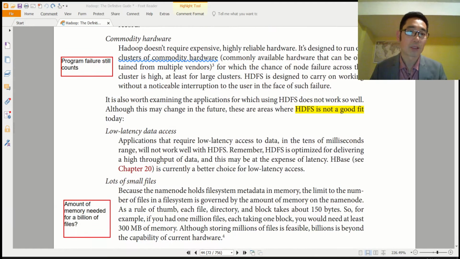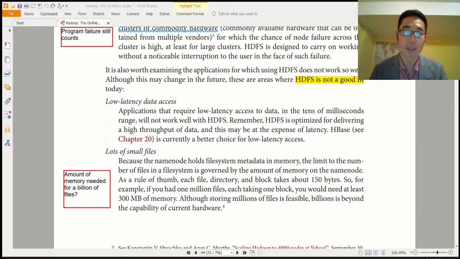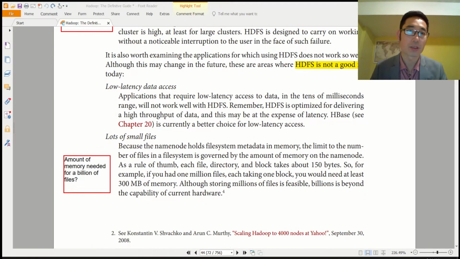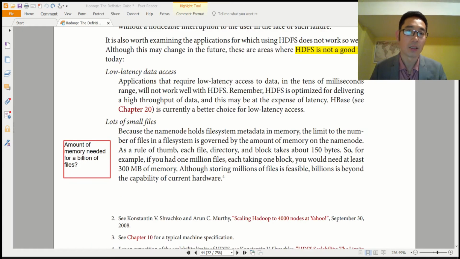So what is HDFS not good for? HDFS is not a good fit when your data patterns look like this. Your usage looks like low latency data access. The user wants a system that responds immediately when they submit a request. That's low latency, and HDFS at this moment is not a good fit.